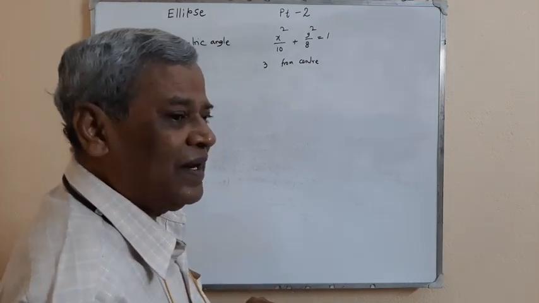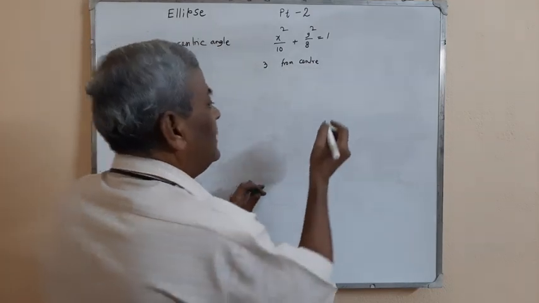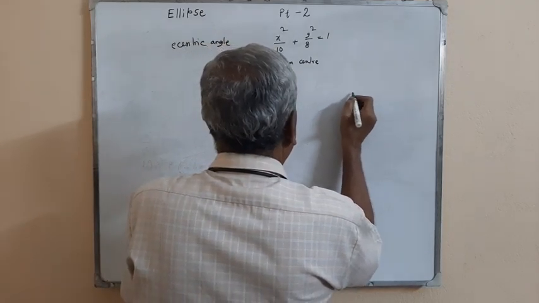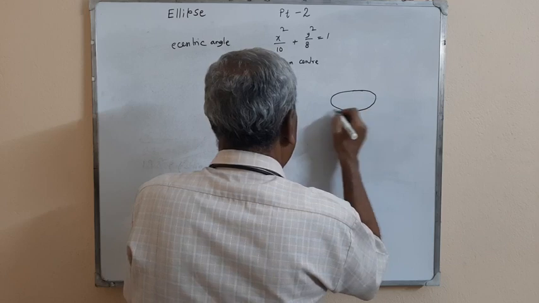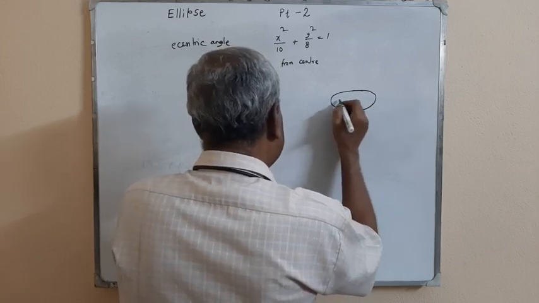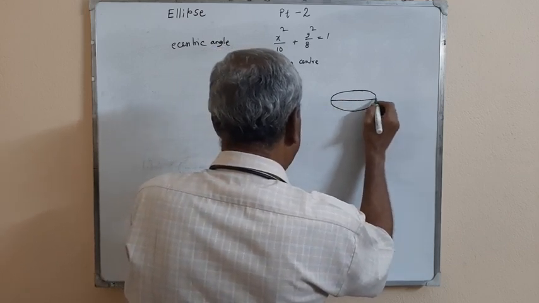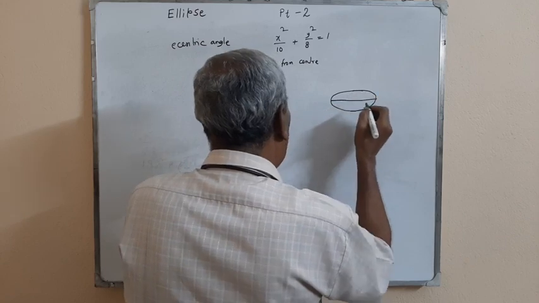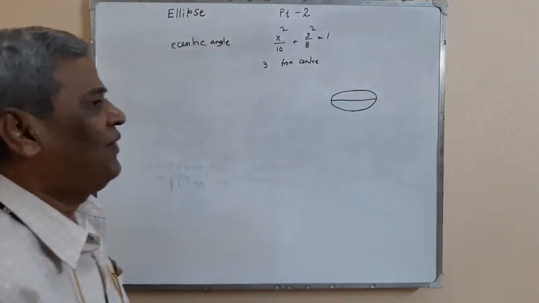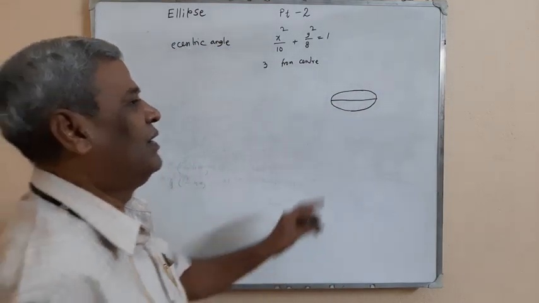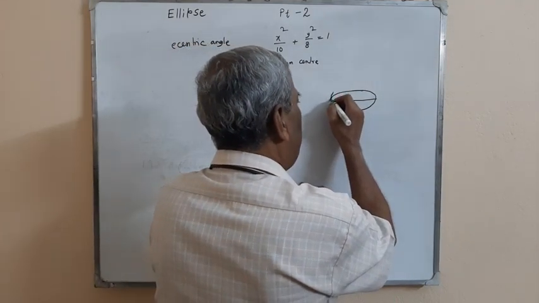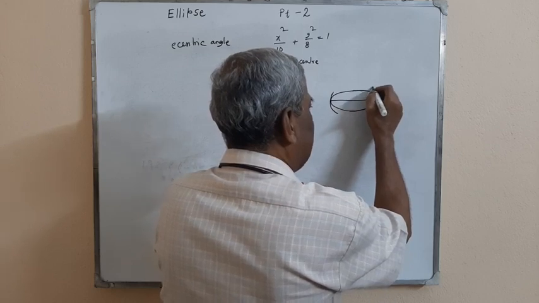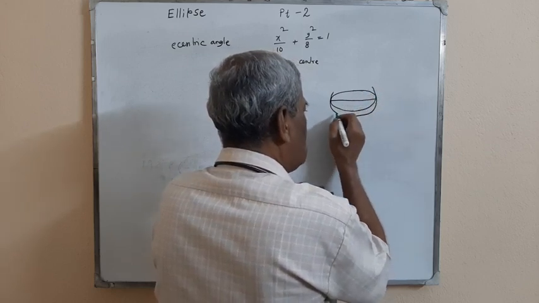Eccentric angle is not yet defined, I think. You see, what is eccentric angle? Suppose this is an ellipse. Its major axis is x-axis. Now draw the auxiliary circle of that ellipse, meaning treating major axis as diameter, one circle is drawn.